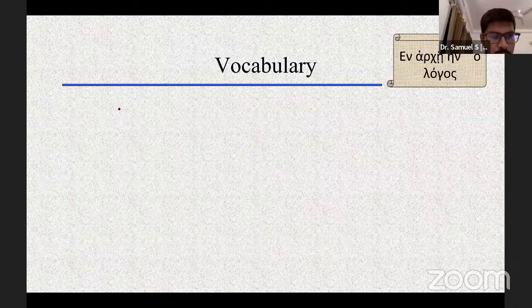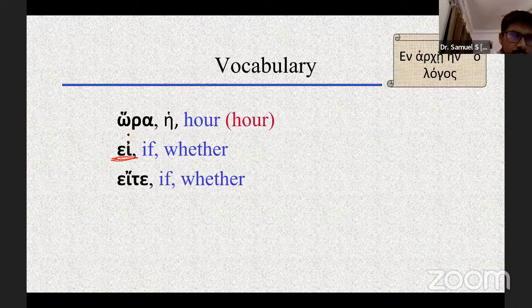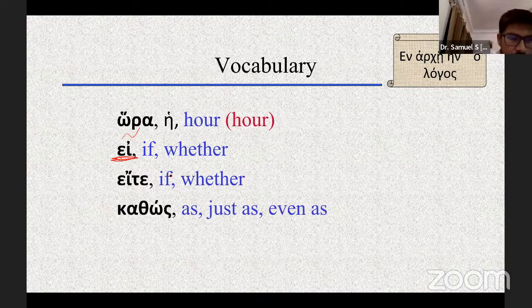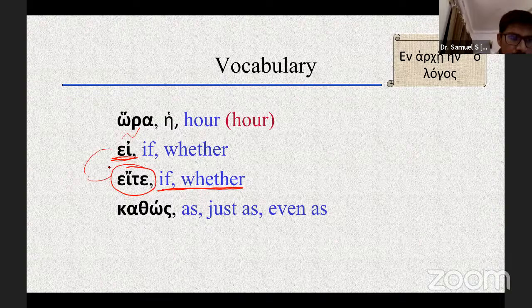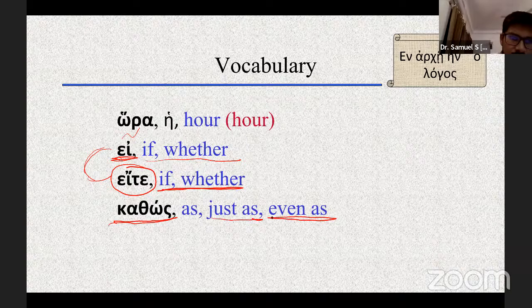So where were we? We saw here, and we just made a note of that circumflex nuance. There's another word also for if, whether, which is eite. Both ei and eite communicate if, whether, conditional particle. Kathos, just as, even as.